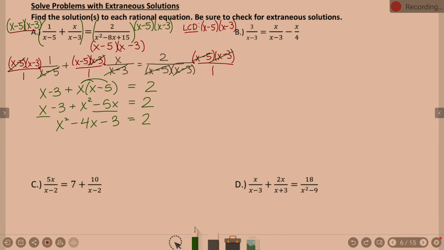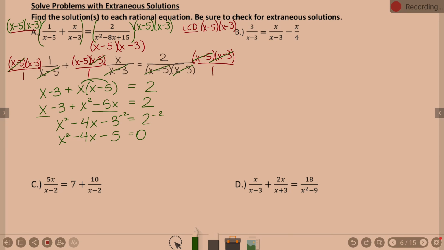I don't want to factor quite yet. Subtracting the 2 is going to do what for us? It's going to make my equation equal to 0. And then I'll be ready to talk about factoring, yes? So I have x squared minus 4x, and now it's going to be what? Minus 5. And it equals 0. And now I'm ready to talk about factoring.